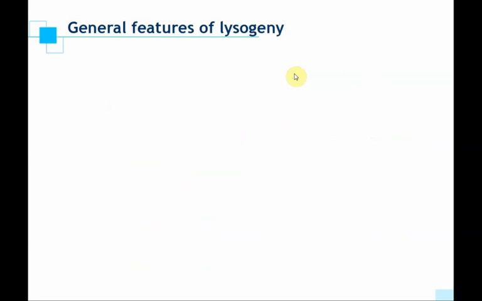Okay, so general features of lysogeny. In lambda, the decision between whether the phage is going to kill the host or integrate its genome occurs very early during replication. There are two very early genes which are important, C2 and CRO.